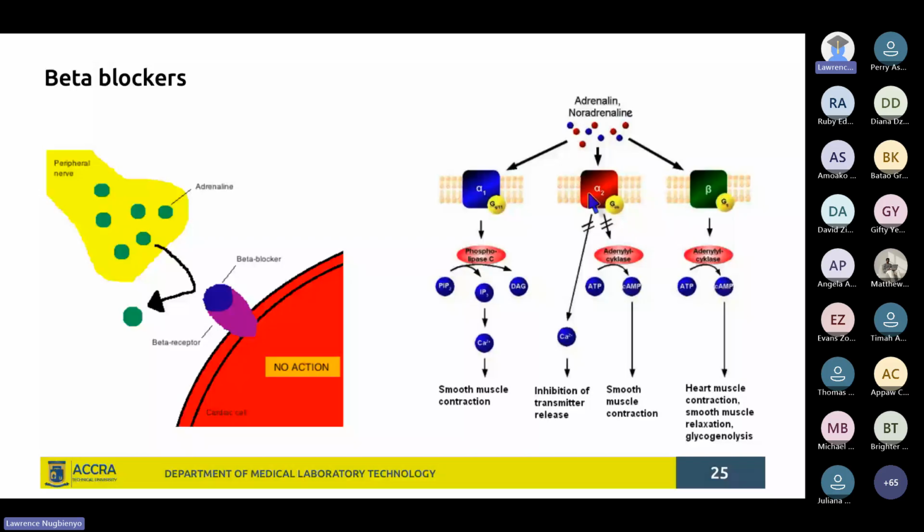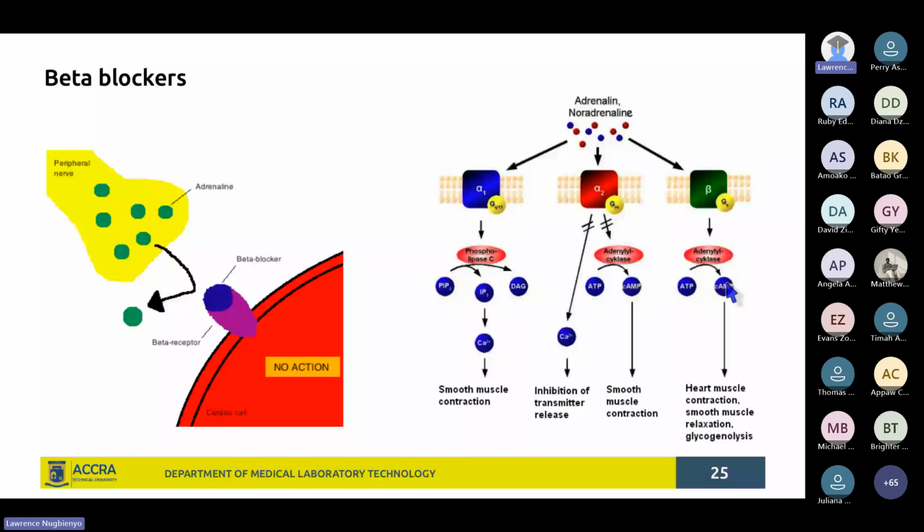If you look at these receptors, we label them alpha 1, alpha 2, and this is the beta receptor. So let's focus on this last one. When adrenaline or noradrenaline acts on this beta receptor, there's the conversion of ATP to cyclic adenosine monophosphate, which is a second messenger.